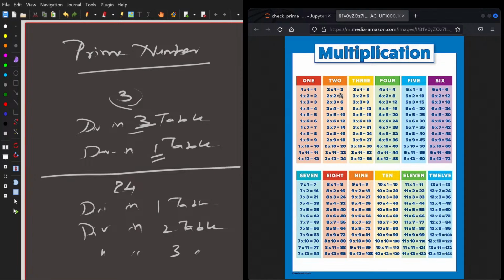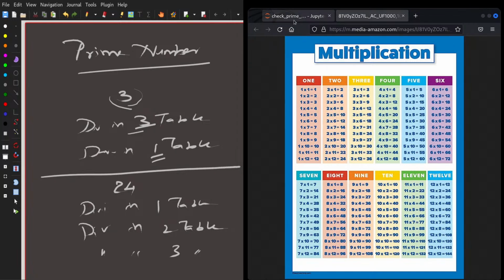Because by default 4 is divisible by itself in its own table and 1 table. So other table means for 4, 2, 3, 5, etc. For 3, other table means 2, 4, 5, 6, etc. Clear?